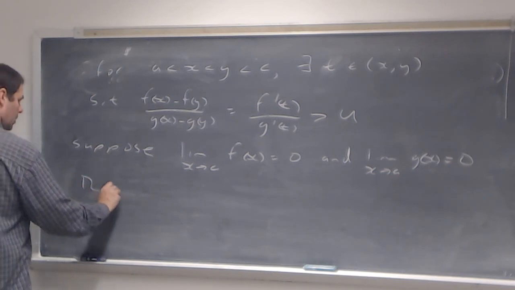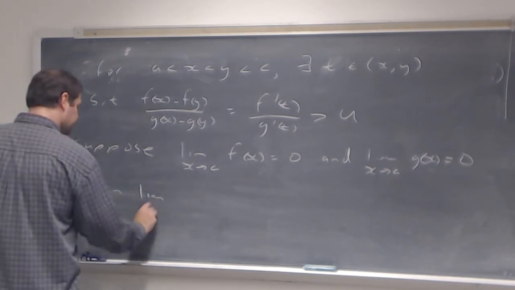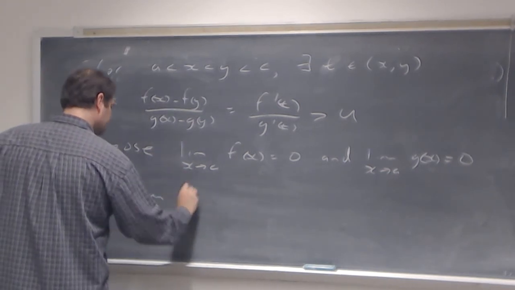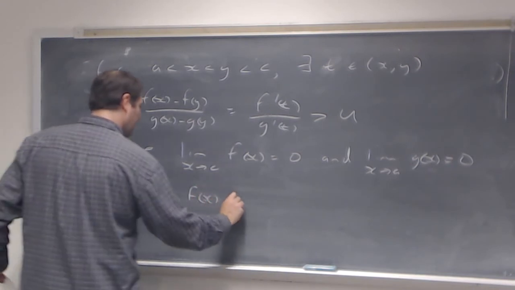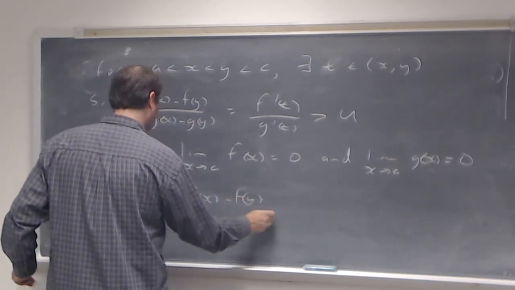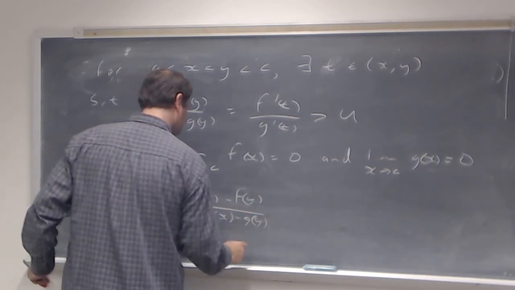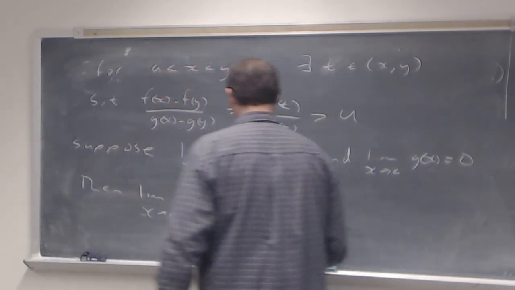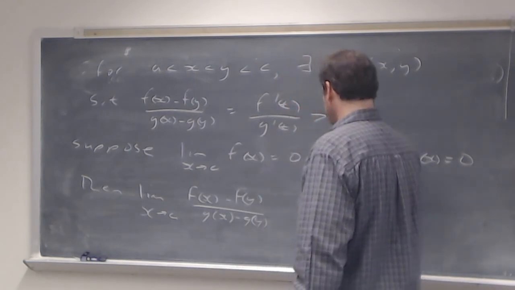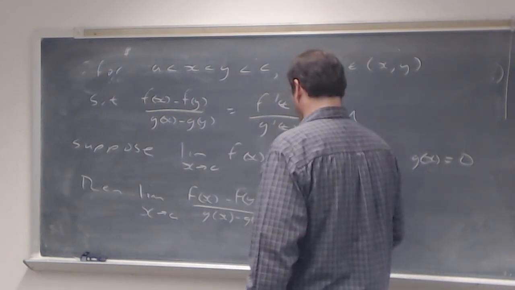Then, when you look at the limit as x goes to a of this quantity, (f(x) - f(y)) / (g(x) - g(y)), this quantity is always greater than u.